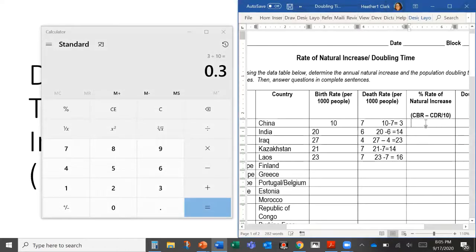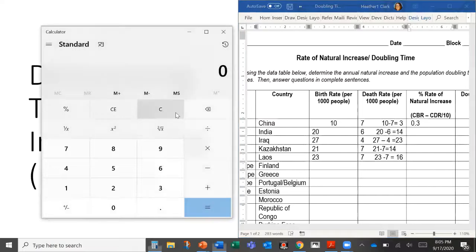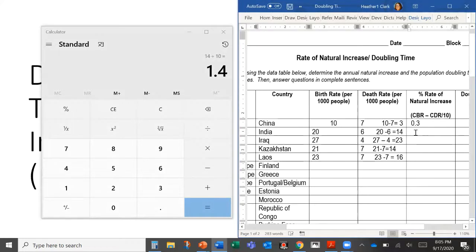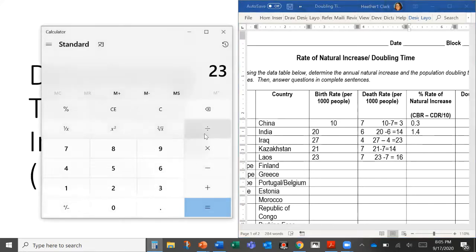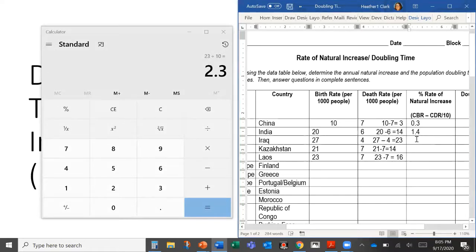So that is what we put here, 0.3. Then we repeat that process for the next one. 14 divided by 10 is 1.4. 23 divided by 10 is 2.3.